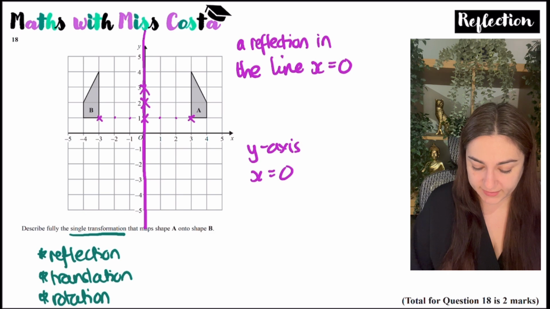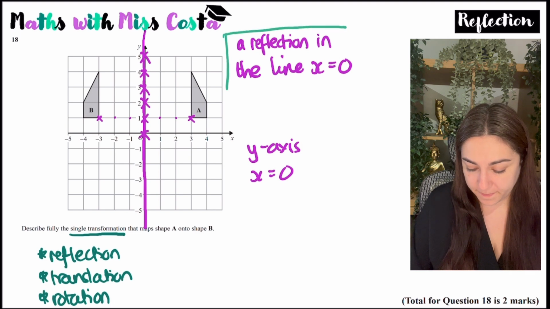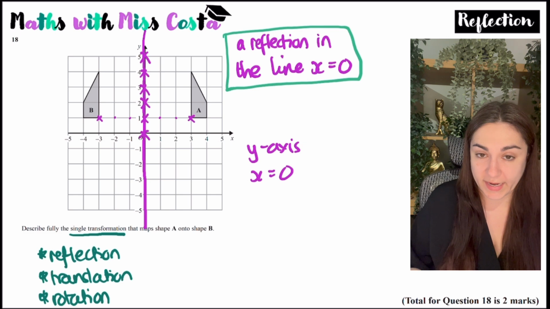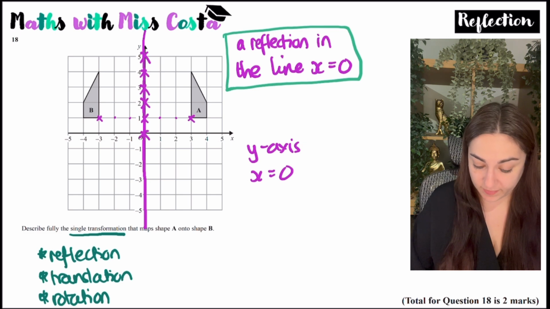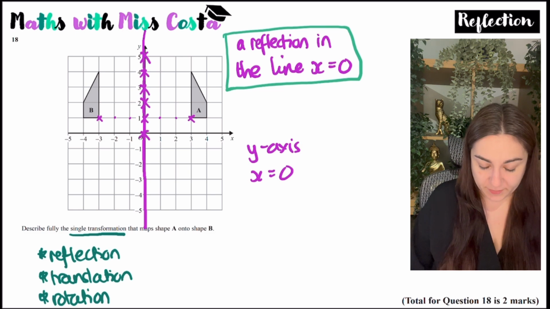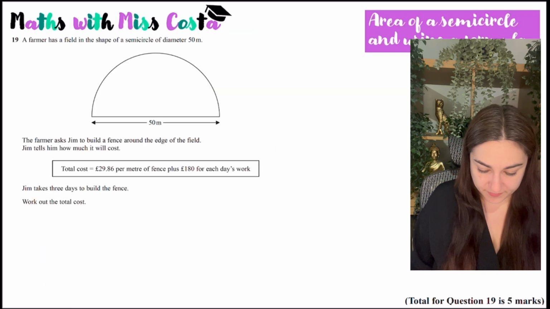So that's 0, 1, 0, 2, 0, 3, 0, 4, 0, 5. So just saying it's a reflection in the line x equals 0, or a reflection in the y-axis. Both are the exact same thing. The y-axis is when the x coordinate is 0. So yeah, for reflection, look for the halfway point, and that's how we do that.